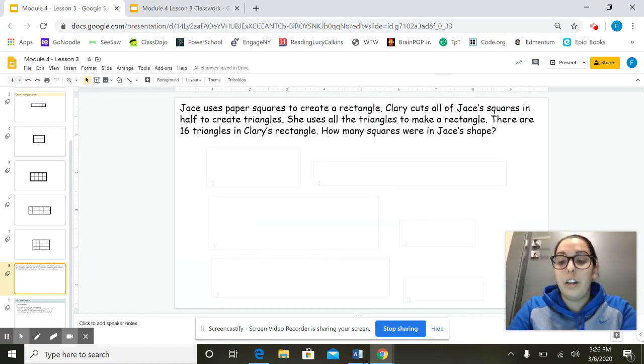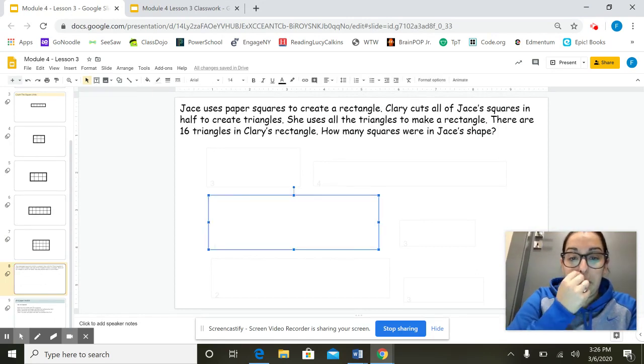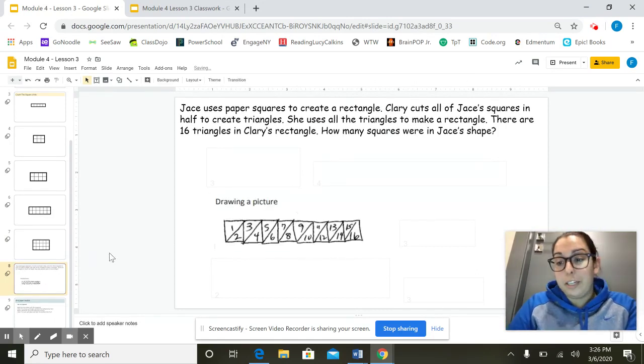All right, so the first thing we're going to do is go ahead and draw a picture. Okay, so we know that Clary cut Jace's squares into triangles. She uses 16. So I know that I have 1 square, 2 square, 3 square, 4 square, 5 square, 6 square, 7 square, and 8 squares.